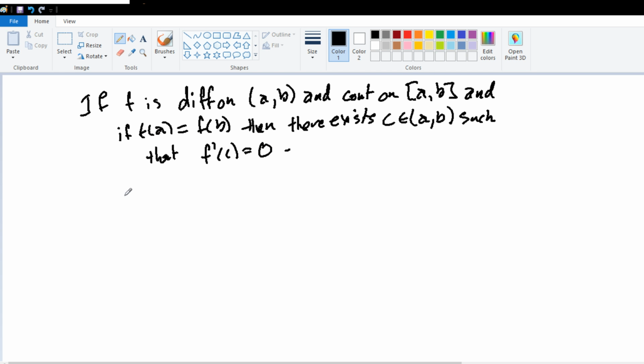So let's check that. f is equal to x cubed minus 2x squared minus 4x plus 2, and the interval we were asked to look at is -2 to 2.